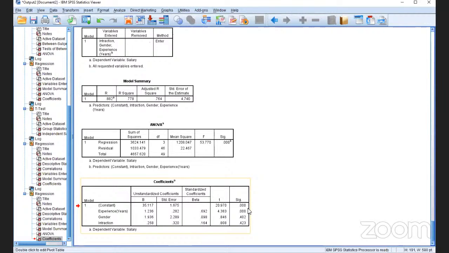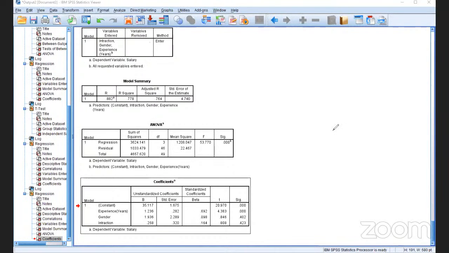What is the value for experience? There is a significant relationship between the two. As experience increases, the salary also increases.